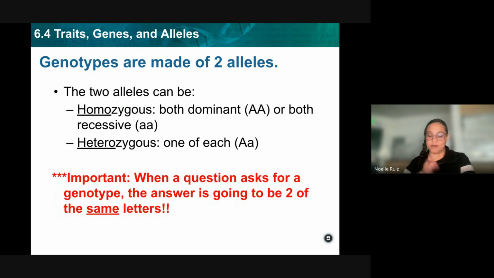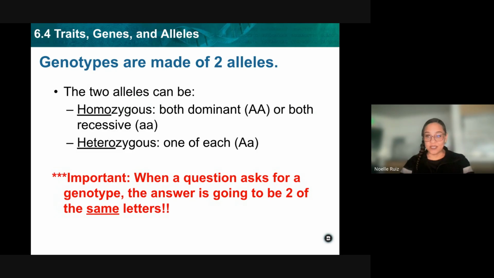So it would be 2 capital letters. I just use A as an example. We'll use all kinds of letters this chapter. The 2 alleles can be heterozygous, or different, which means they're just different versions of the same letter, just like alleles are different versions of the same gene. One capital and one lowercase.